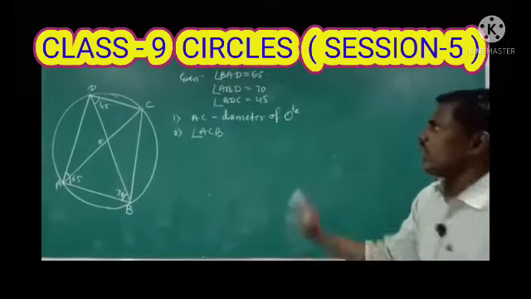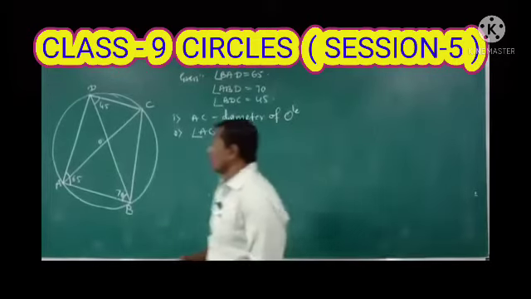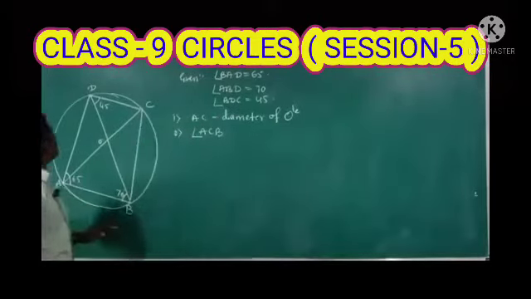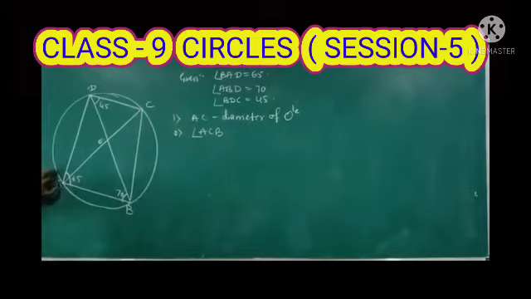So just observe the given diagram. In the cyclic quadrilateral, angle DAB or angle BAD is equal to 65 degree, angle ABD is equal to 70 degree, and one more angle, that is angle BDC is equal to 45 degree, right?